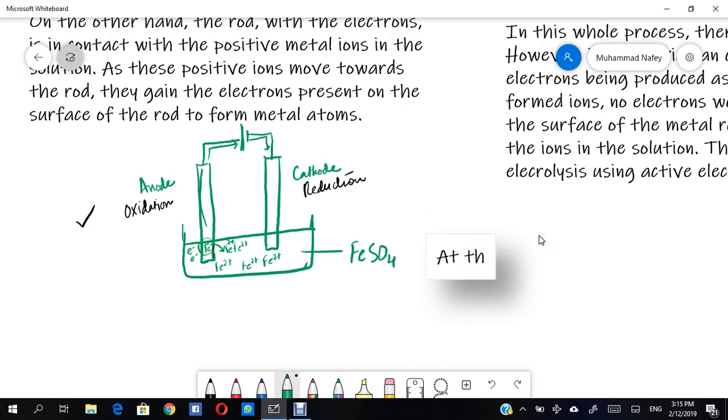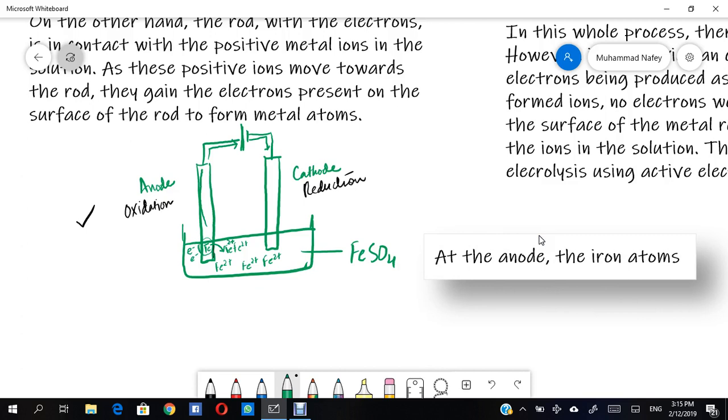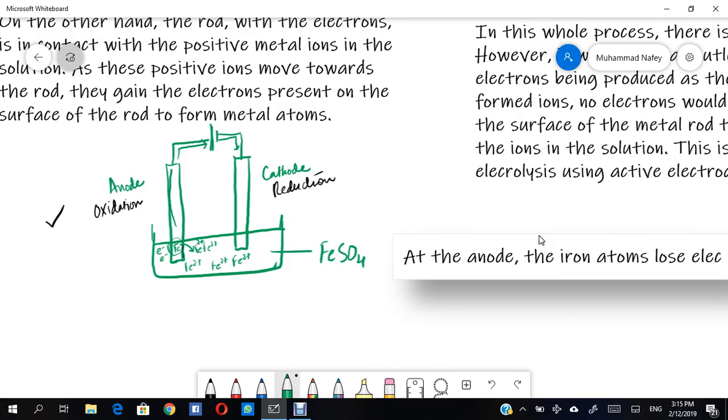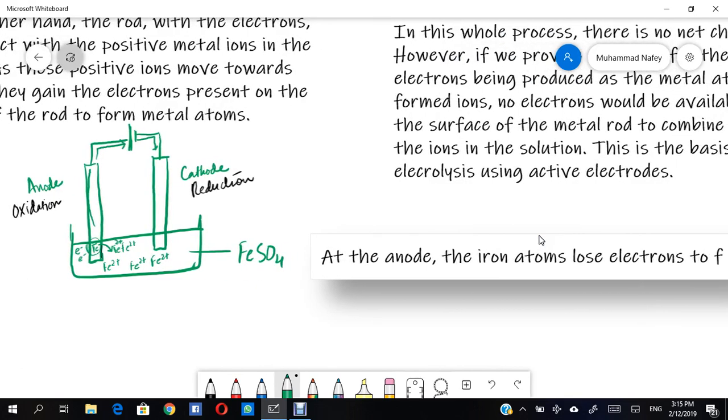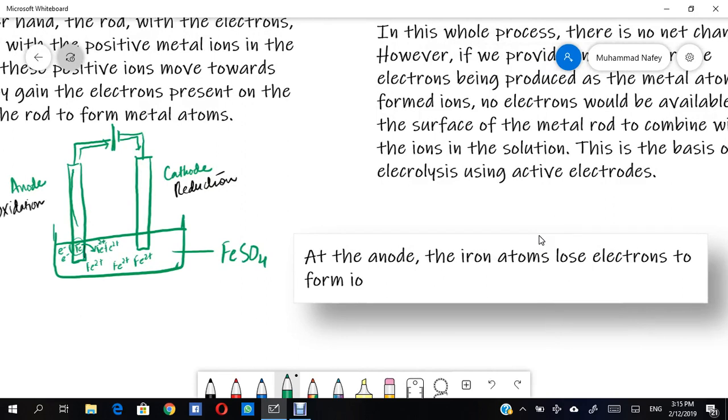So, at the anode, the iron atoms lose electrons to form ions. These ions move into the solution.